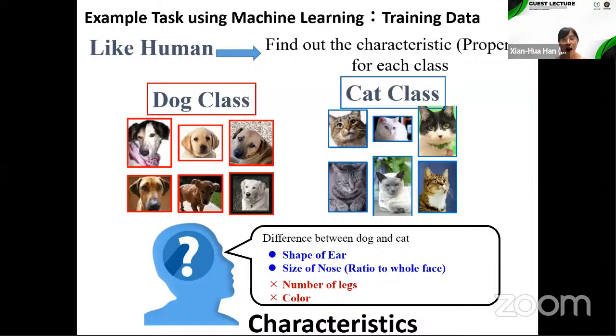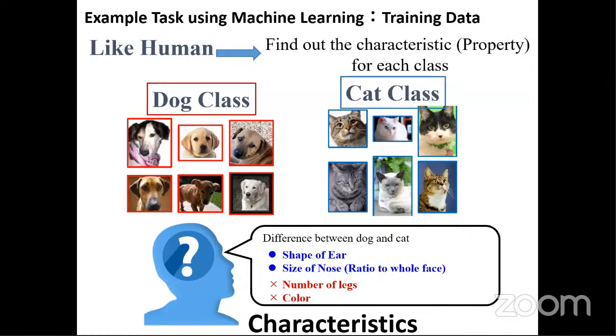Let's first observe the dog class images and the cat class images. We can see the main difference between dog and cat is the shape of the ear. Also the eyes and nose are different. However, the number of legs is the same. Dog has 4 legs and cat also has 4 legs.